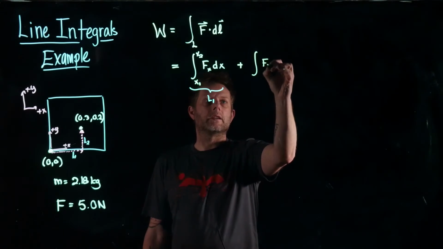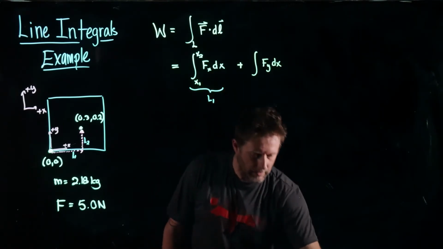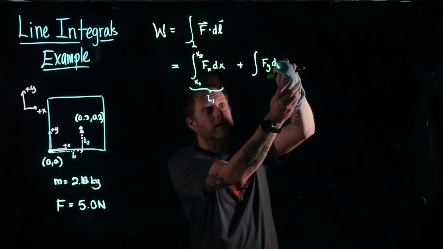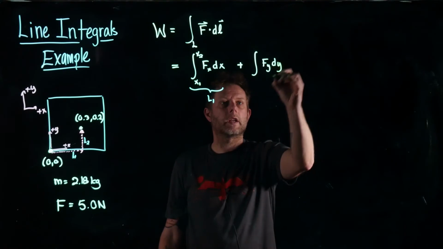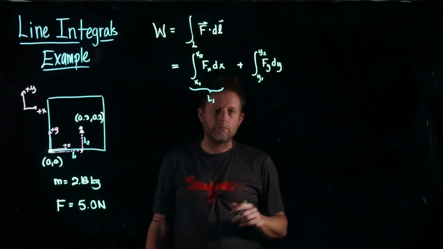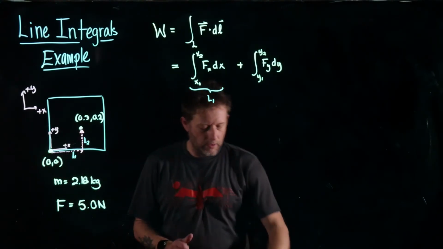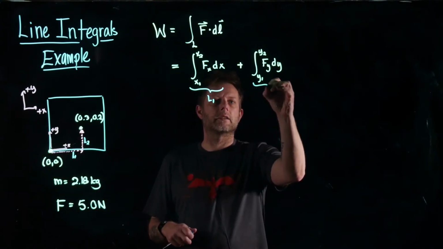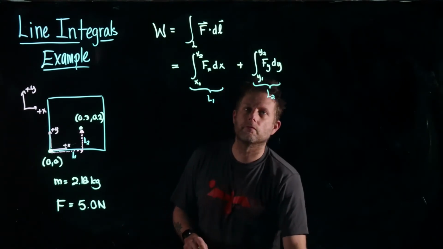But in principle, it's just the y component we have here, because there's y, not x. Okay. Going from y1 to y2. That is the configuration of this path. So this here represents the work done along path 2.